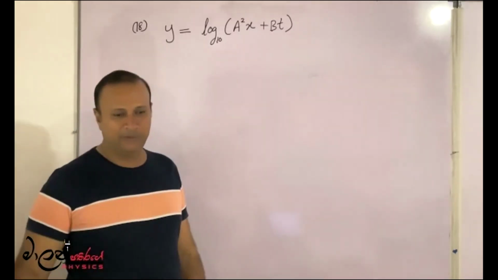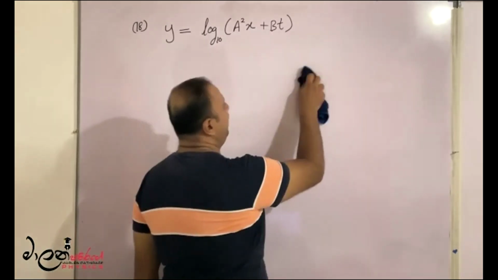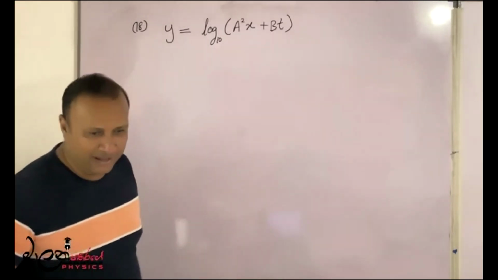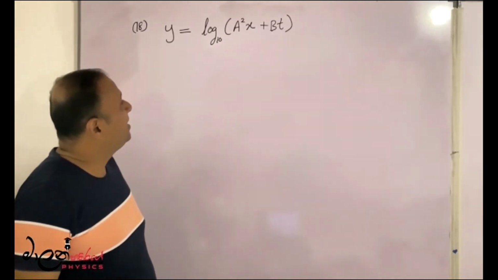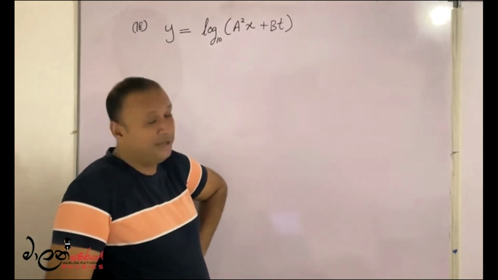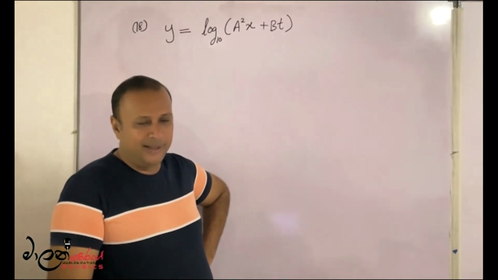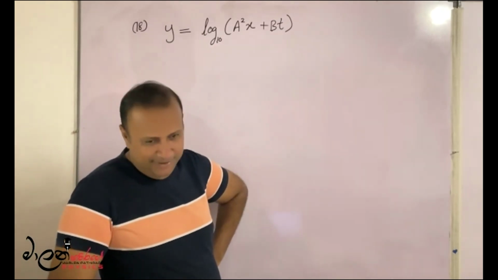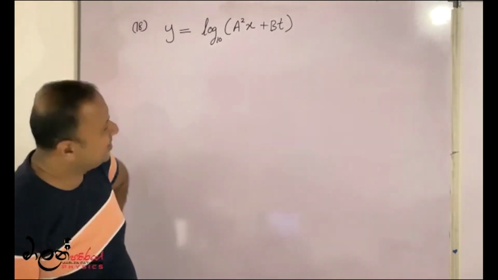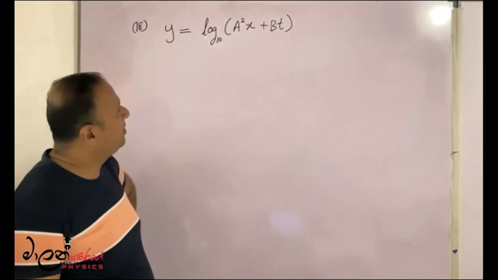Okay. Now tell me, what are the dimensions of A and B? B equals T to the power minus 1. Very good. That is correct.